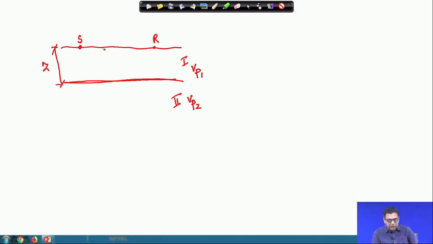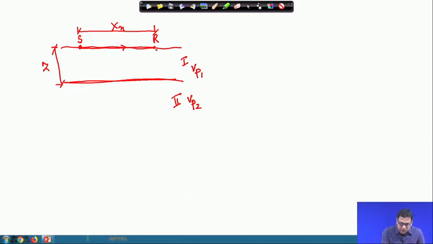But we will consider one particular wave, that will go directly from here to here. So, this is one possibility, that the wave will travel from the source to the receiver directly, and this distance is say x or x n.